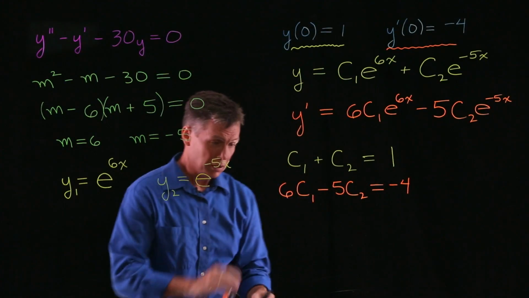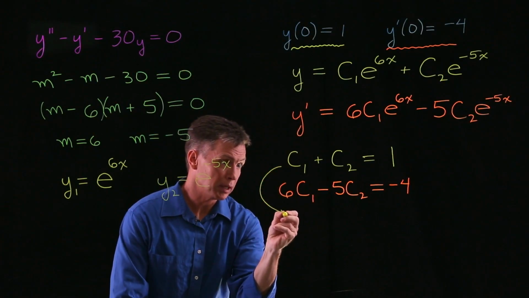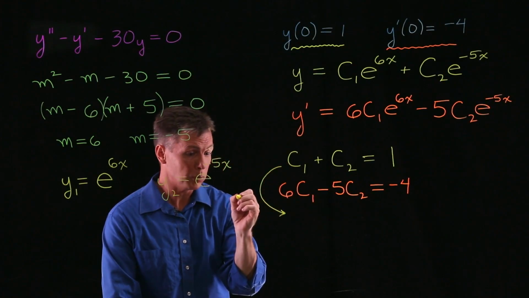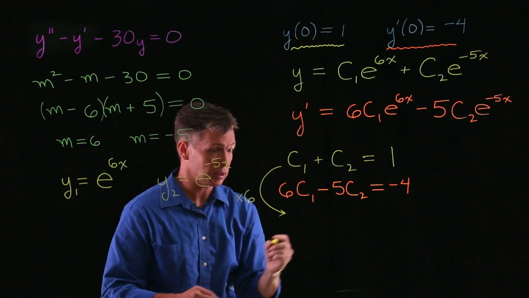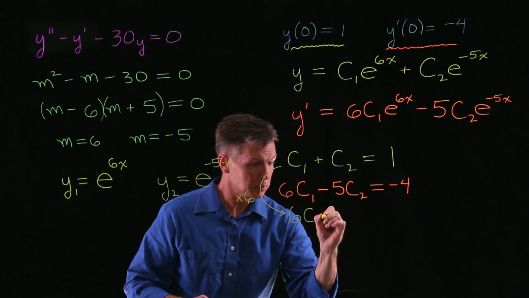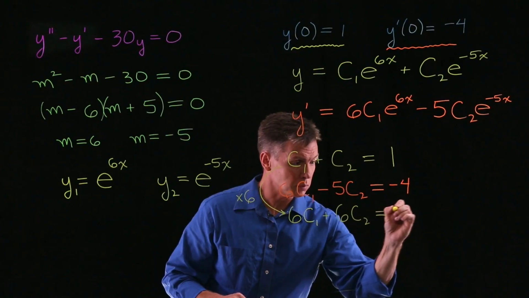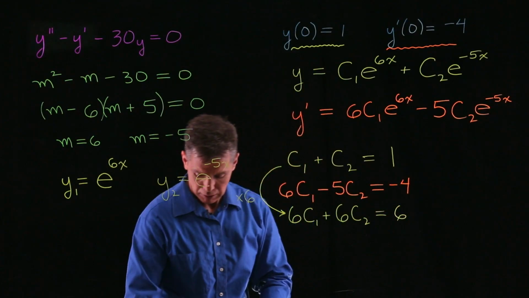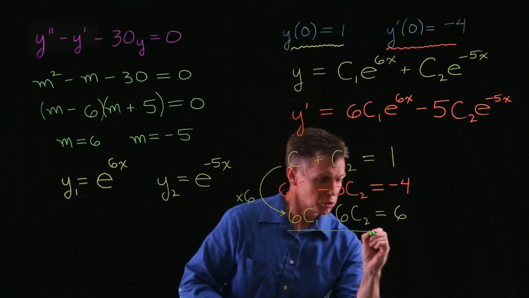Solving this, I think what I would do is multiply the yellow one, the top one, by 6 to get our coefficients to line up: 6c1 plus 6c2 equals 6. Then, actually, I'm going to subtract them.